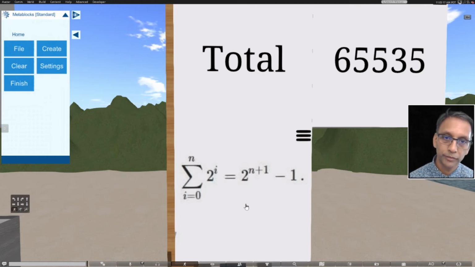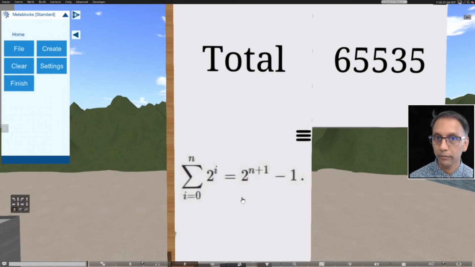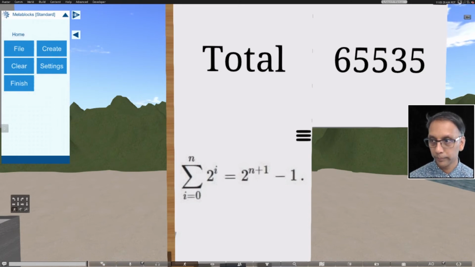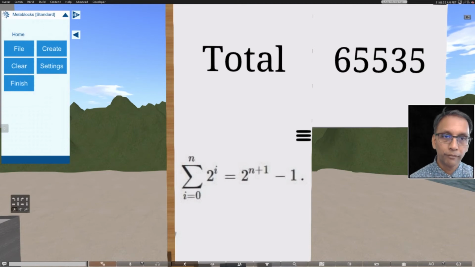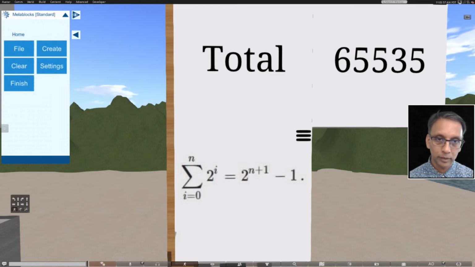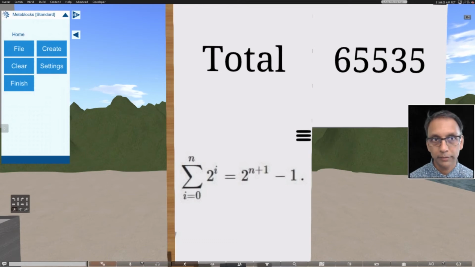This formula gives you the total number of cubes that you would have. So it would be 2 to the power of 16 minus 1. 2 to the power of 16 is 65,536. If you subtract 1, you get 65,535.